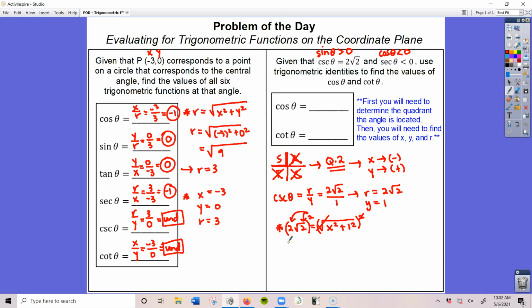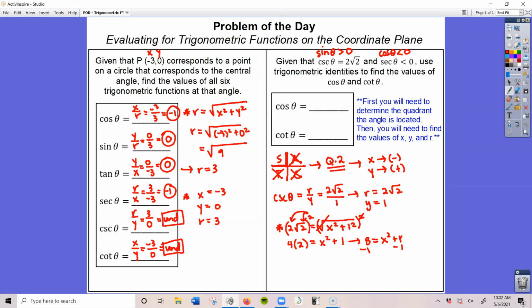So 2 squared is 4. And the square root of 2 squared would just cancel out the square root, so 2. And that's going to equal x squared plus 1 squared, which is 1. 4 times 2 is 8, which equals x squared plus 1.